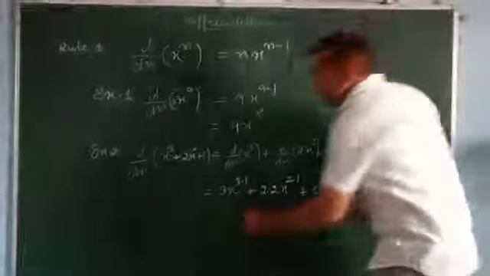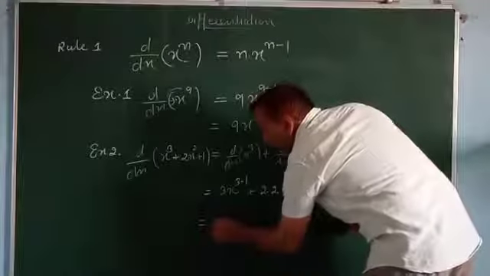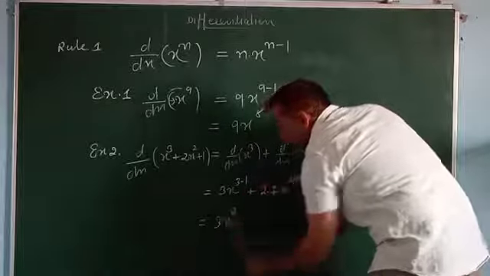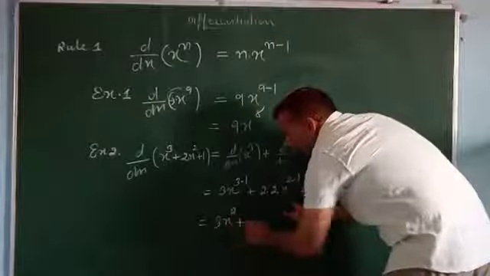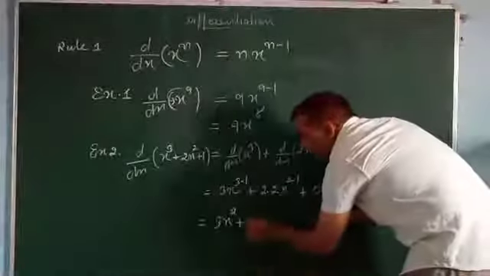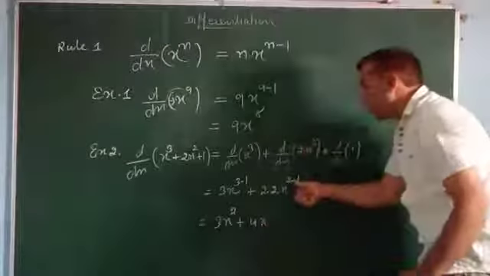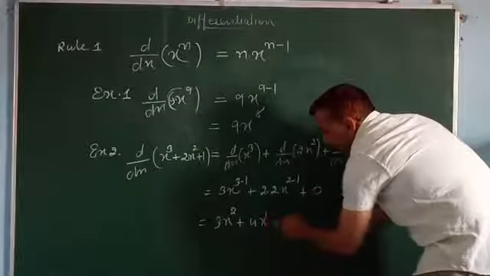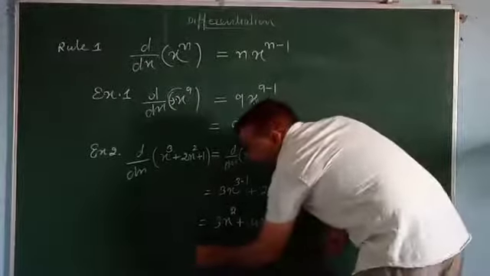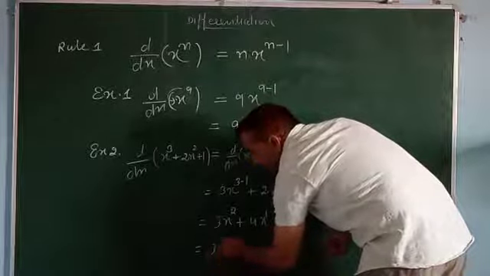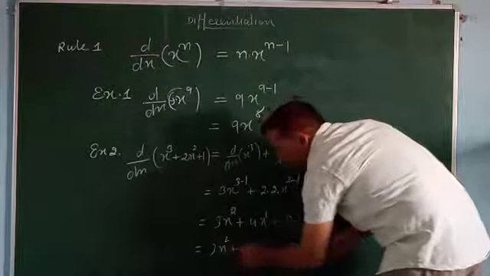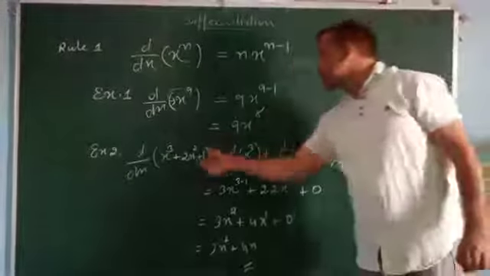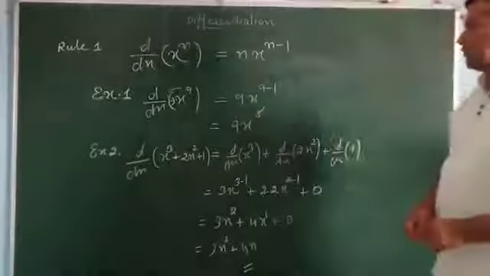So the derivative of this function will be equal to 3x raised to the power 2 plus 2 times 2, that is 4, x raised to the power 2 minus 1, that is 1, plus 0, and this can be written as 3x square plus 4x, which is the derivative of this polynomial function.